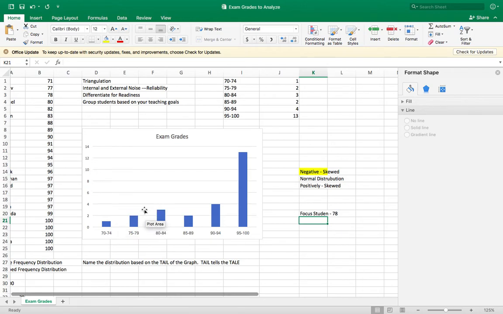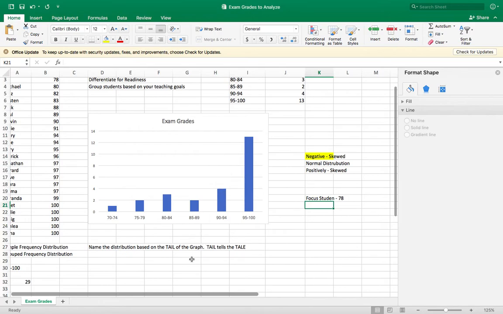That grade of 78, it's definitely on the lower side in comparison. So that does tell me that I want to make sure I'm working with that student. I'm not as concerned if they were this lower grade right here, but definitely looking in the context of the frequency distribution, I definitely want to give that student some extra help.